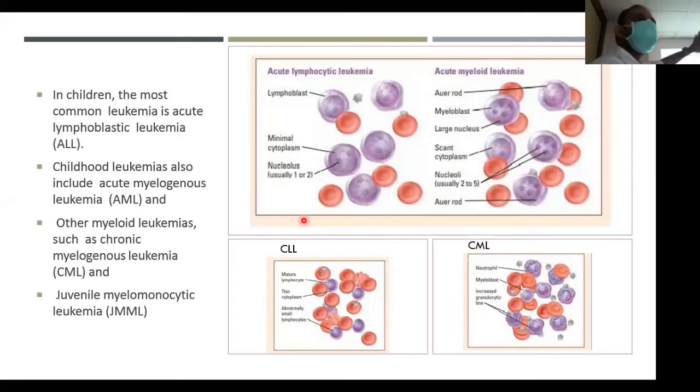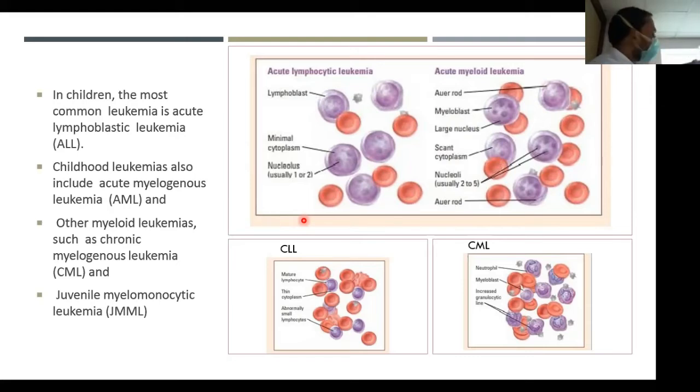WHO and FAB are morphological classifications. This M1, M2, all those are morphological, not flow based. They are basically what you see in the smear. The percentage of monos and myelos will determine whether it is monocytic or myelocytic, and this is a lymphoid.